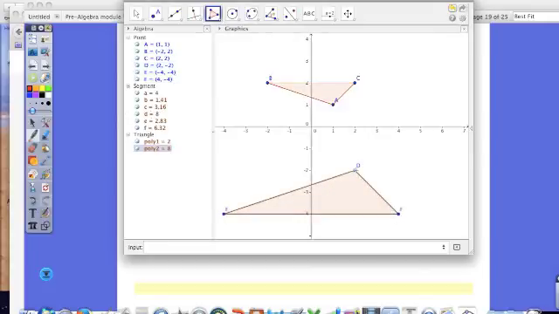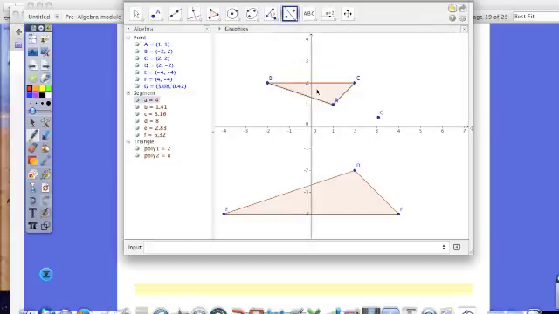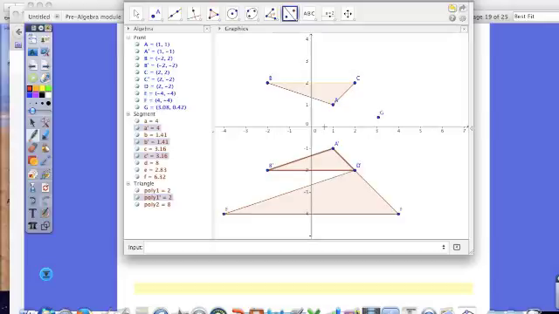So now, okay, I don't really want point G, but I'll just ignore it for a minute. I want to reflect an object about a line. So I want to take this shape and I want to reflect it about that line. And I was just able to do that. So now I can see it lines up a little bit better.